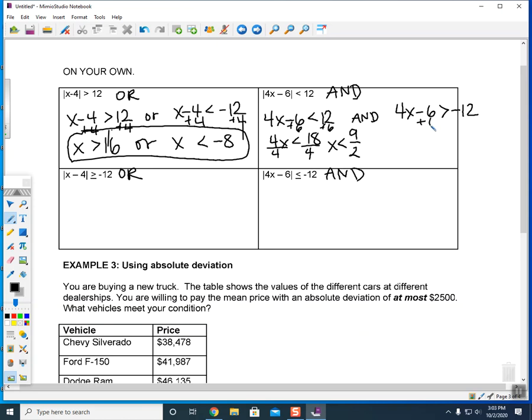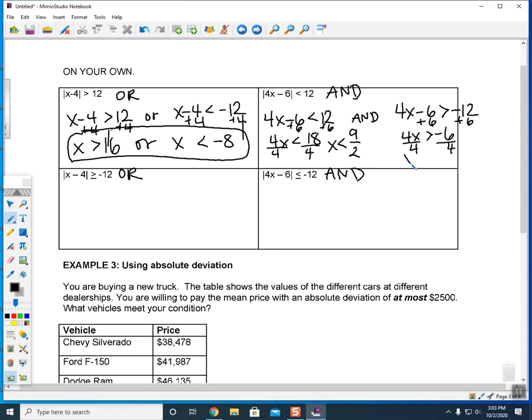Do the same thing over here. Add 6. I get 4x is greater than negative 6. Ooh, goodness sakes. Perfect. I'll divide both sides by 4.